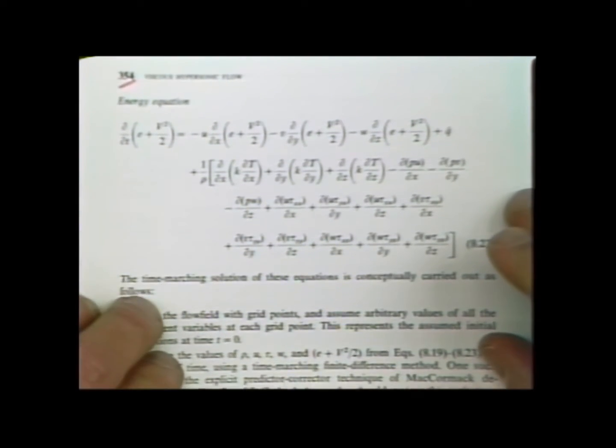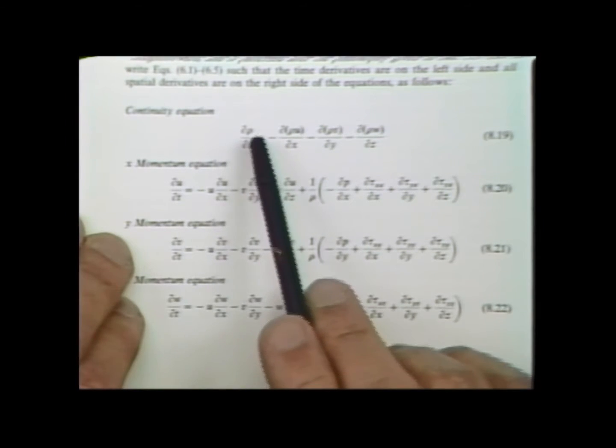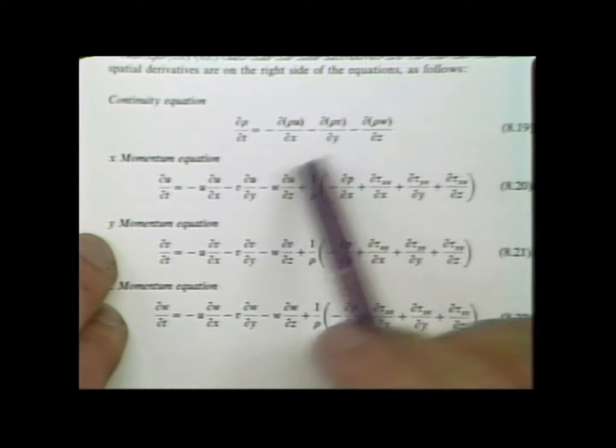What I'm going to show you here are results from a time-marching finite difference solution of the complete full Navier-Stokes equations. Continuity, momentum, and the energy equation is on the back page. There's the energy equation. A time-marching solution in the same philosophy that I mentioned earlier today, where we will take these unsteady Navier-Stokes equations, solve for the time derivatives and advance the flow field in steps of time using these time derivatives until we go out to a steady state.